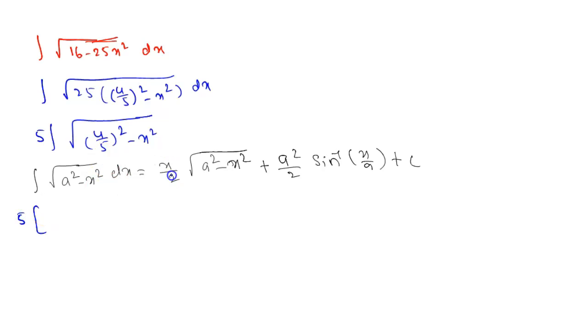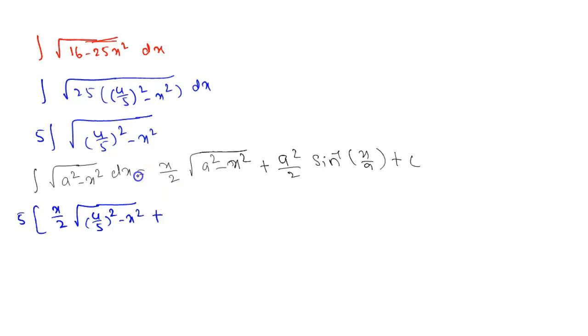So here x by 2, it is x by 2 into root over a square minus x square. The a square value is there, 4 by 5 whole square minus x square, right? Plus a square by 2.